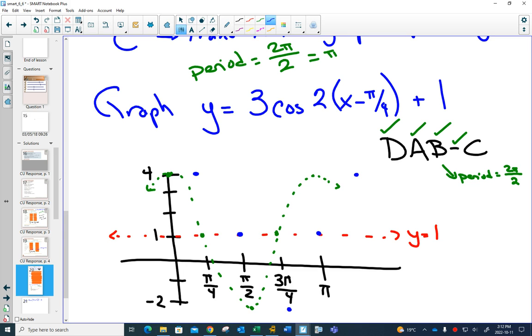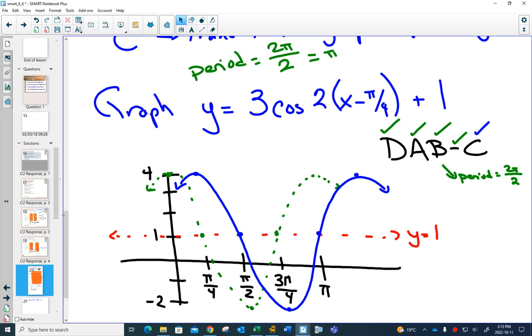And I can now draw my graph through those points. And this is all we need to do to graph these with complicated transformations to graph it completely.